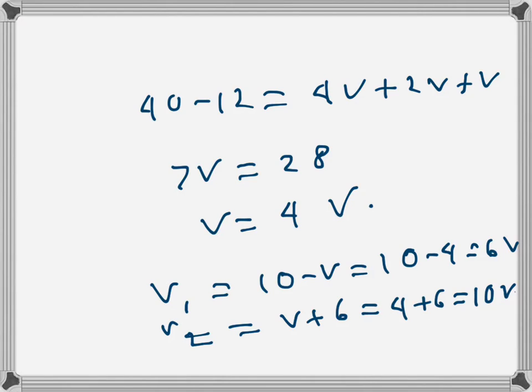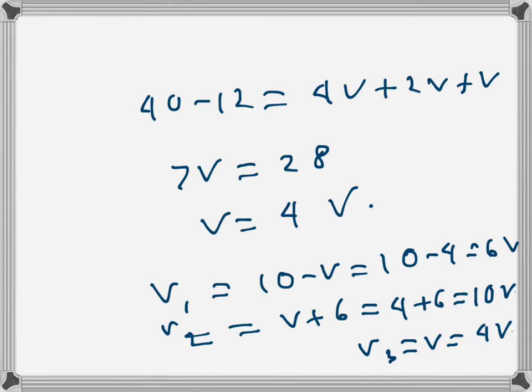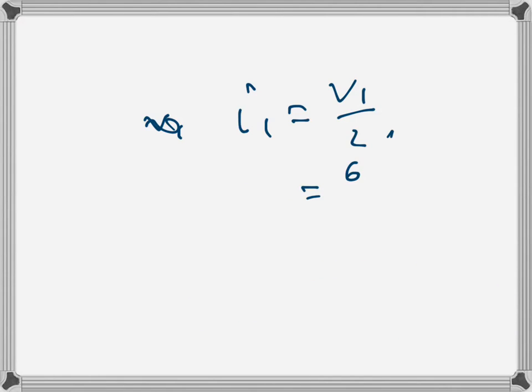And of course V3 will be V, that is 4 volts. And I1, which we need to find, will be V1 over 2, and V1 is 6, so 6 over 2, that's 3 amps.